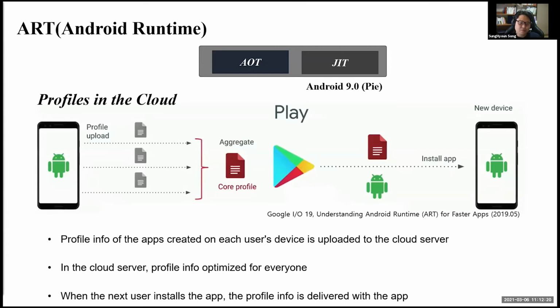On the cloud server, most apps share a good amount of code profiling information that is used across different users and devices, and these can be globally optimized for everyone. The initial user's device can create profile information for the rest of the users. So the following users can optimize the app after AOT compilation using cloud-based profile data at the time of app installation.